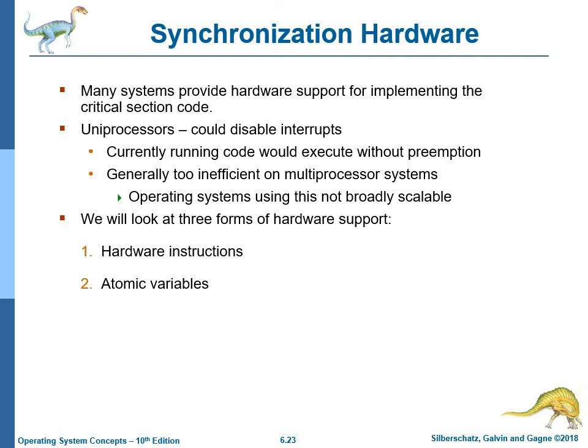Disabling interrupts on a multiprocessor can be time consuming, because when we pass the message to all the processors, this message passing delays entry into each critical section, and system efficiency decreases. Dia akan menyebabkan your system too inefficient on a multiprocessor system, dan operating system tak boleh broadly scalable.